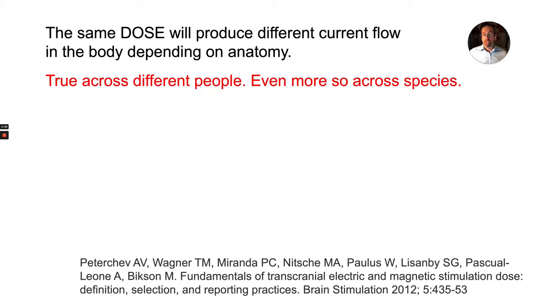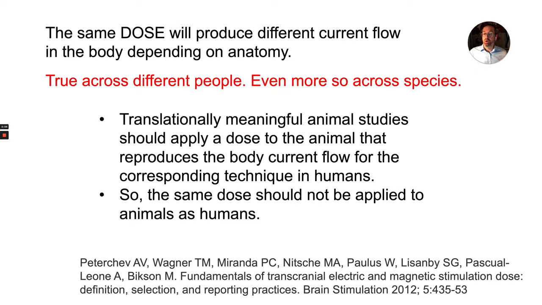I should say that it is now very well understood that the same dose applied to different people will produce a different current flow pattern through the body. And that's expected. If the current flow pattern depends on the anatomy, then different anatomies will produce different current flows. And this effect obviously is amplified when you're talking about extremely different anatomies, such as when going from humans to large animals and then to small animals.